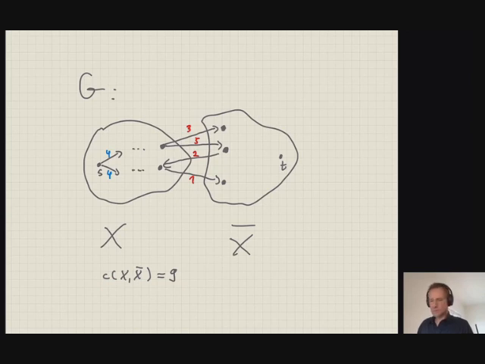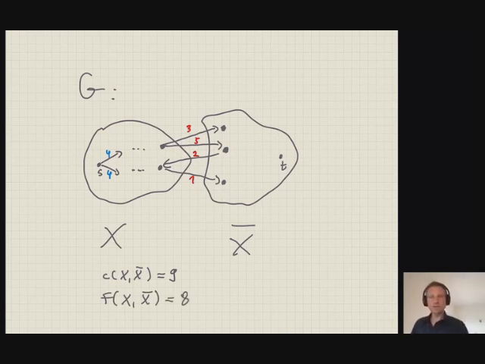And since this flow of 8 has to go somewhere and it cannot get lost in any of the intermediate nodes, this flow of 8 also has to cross the cut, right? So that means that the flow from X to the complement of X must also be 8 in this example.